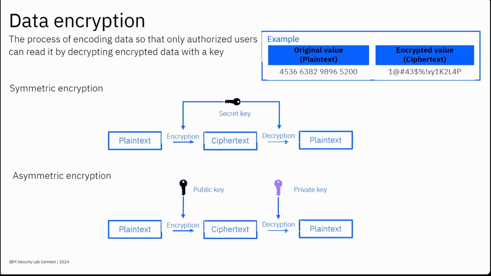So let's talk about what encryption is. Encryption is used to hide the data, or to translate the plain text, the data that is visible to a normal eye, into a ciphertext that is unreadable or encrypted. And this is done by using encryption keys.